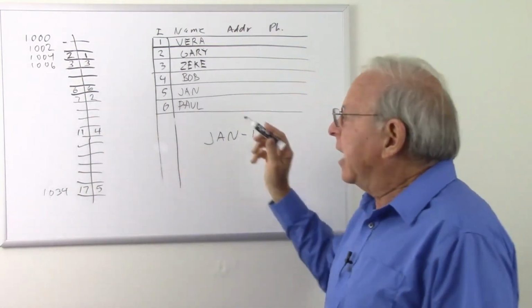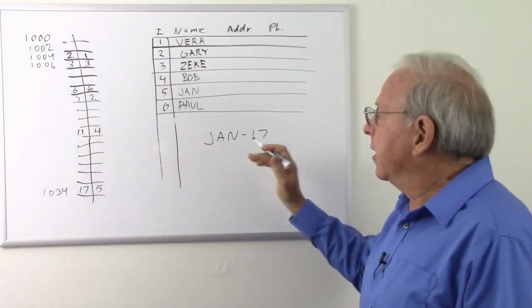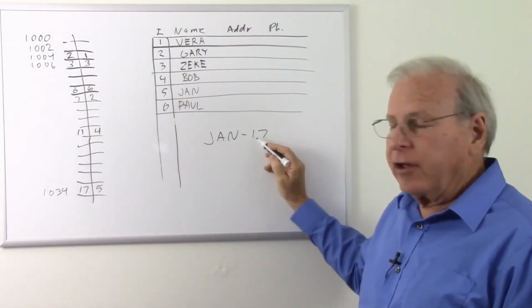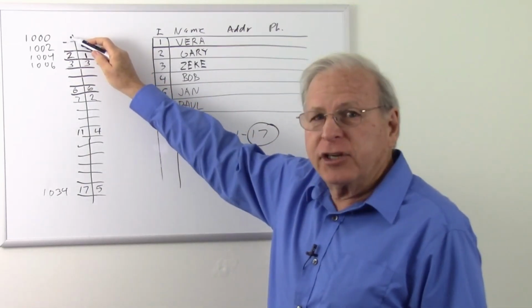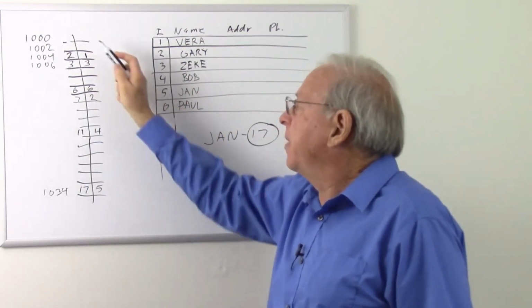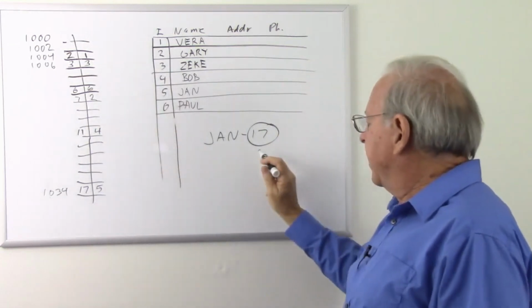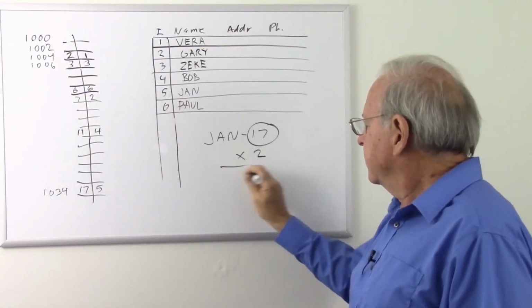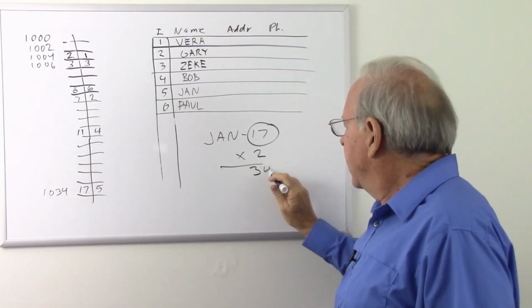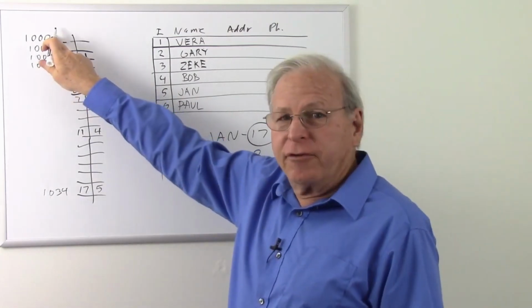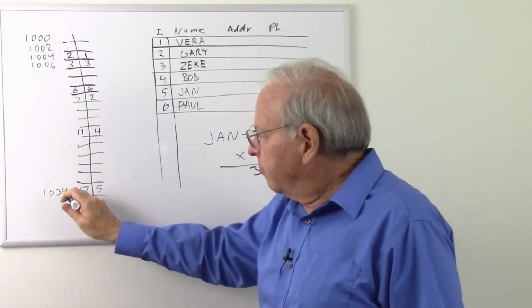So by using the hash table, let's look this over again. I hash the value, I get my number. Since each hash and pointer pair takes 2 bytes, I multiply that by 2. Gives me 34. Add that number to my address, points me straight to it.